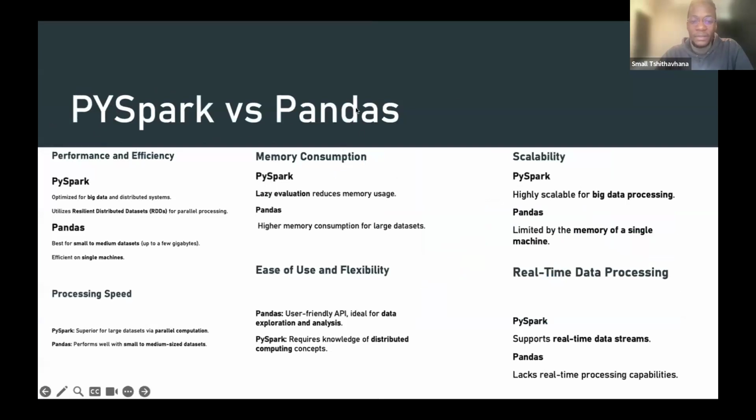What's the upside of using Spark or PySpark, which is the Python version of Spark, compared to our traditional way of analyzing data, which is Python pandas? When it comes to performance, PySpark is good at working with big data and distributed systems.